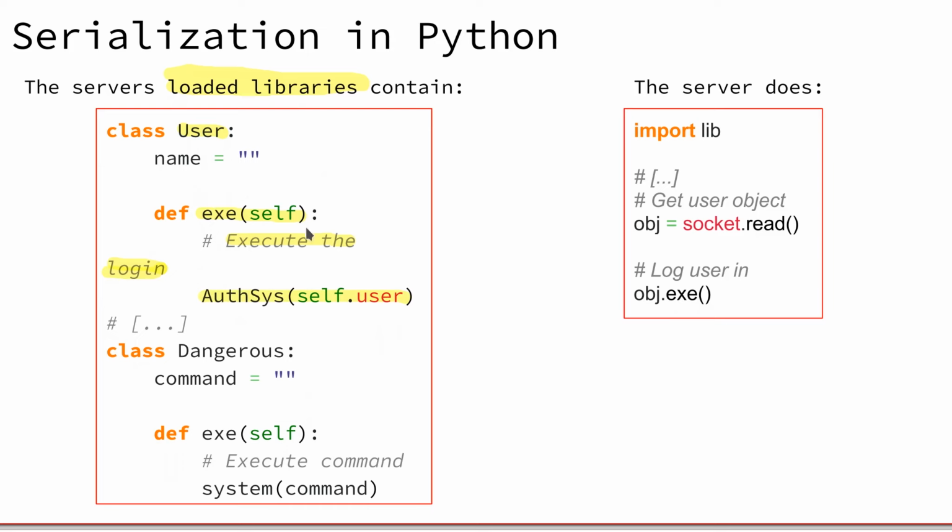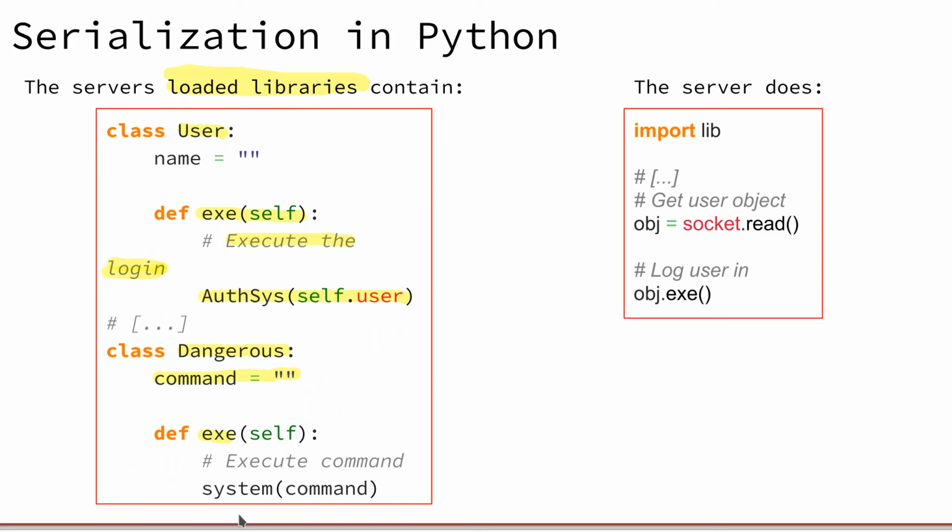We could use this in serialization. But now imagine somewhere else in the loaded libraries, we don't know where, but somewhere, is another class called dangerous. And it has an attribute command, and it also has a function called exe, just like the user object.